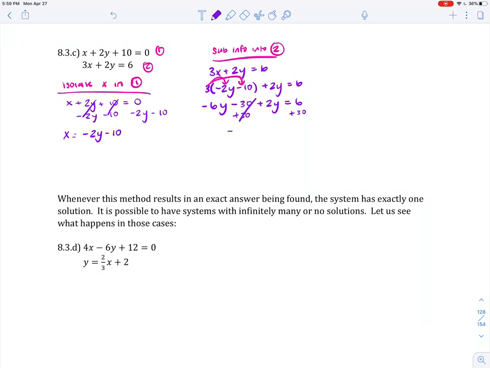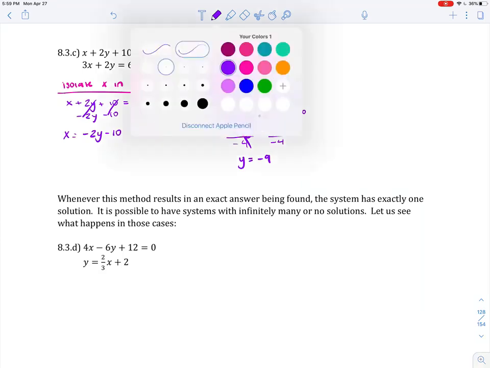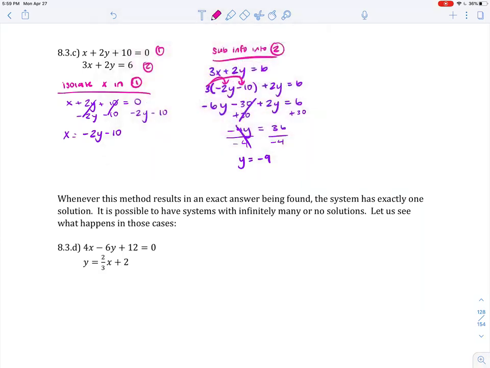I'm going to collect some like terms, and while I do that, I'm going to move that 30 over to the other side as well. So I end up with negative 4y is equal to 36. To get y alone, I divide both sides by negative 4, and I get y is equal to negative 9.